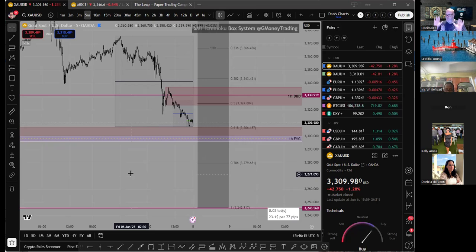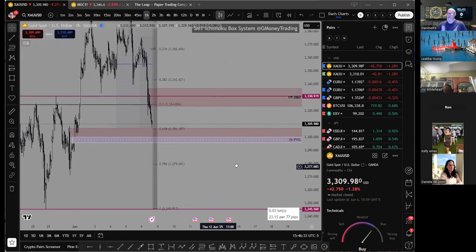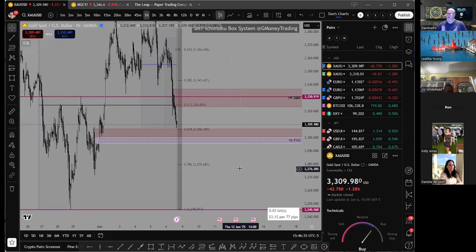There's enough buyers keeping price up. Will they have enough oomph to keep pushing? We have a lot of pressure to the downside saying no way, at least on the 5 minute. But on the 1 hour, I said, sure, we can just kiss it and call it a day because everything is still pointing up on the 1 hour.